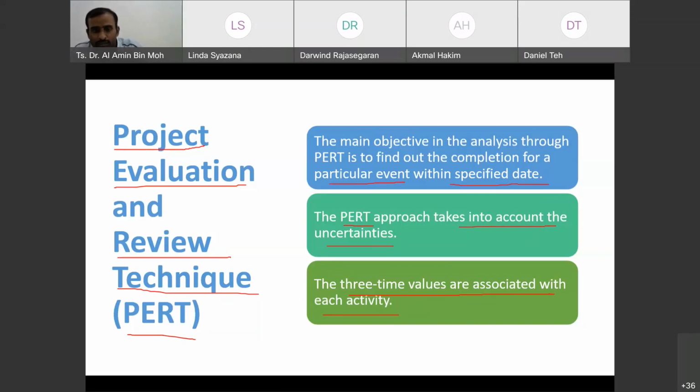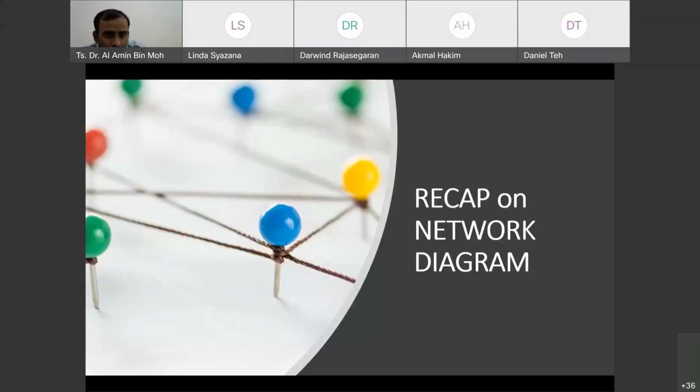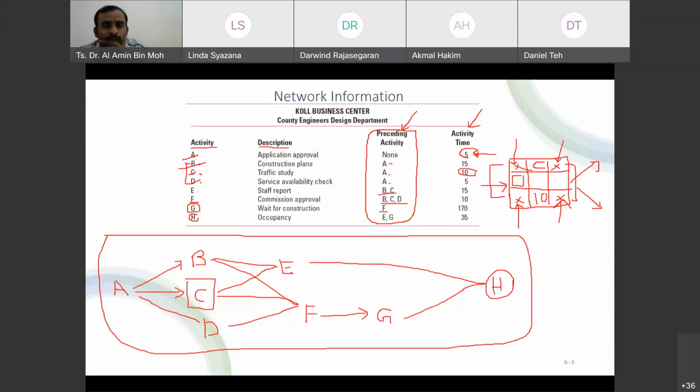Okay, let's go back to our network diagram. We drew this network diagram just now because we know this is the activity time, right? Yes or no? Yes. Okay.